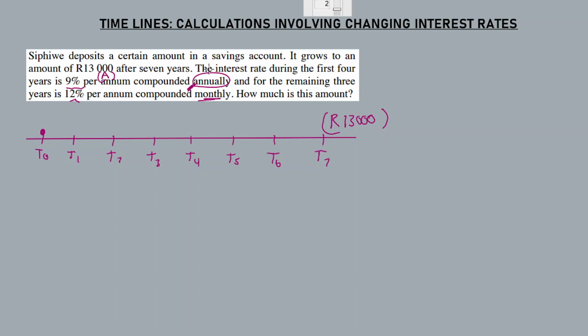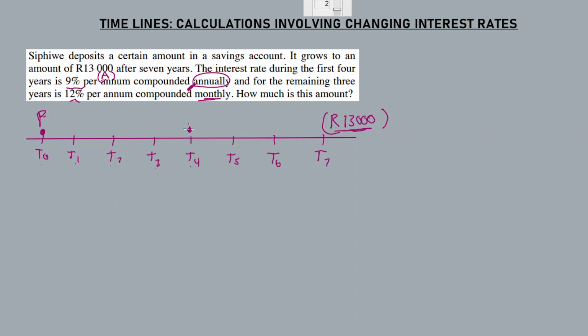The interest rate during the first 4 years, 1, 2, 3, 4, is 9%. Now, since we have a future value and want to find the present value, I need to take the calculation back. In the first calculation I was going forward.